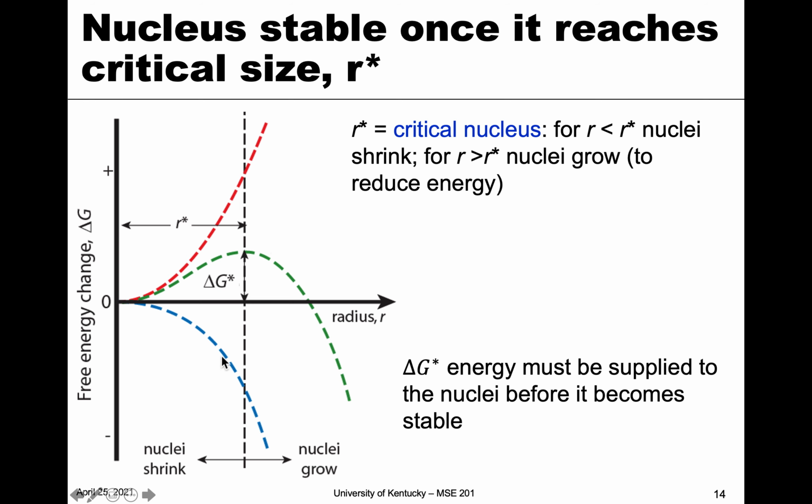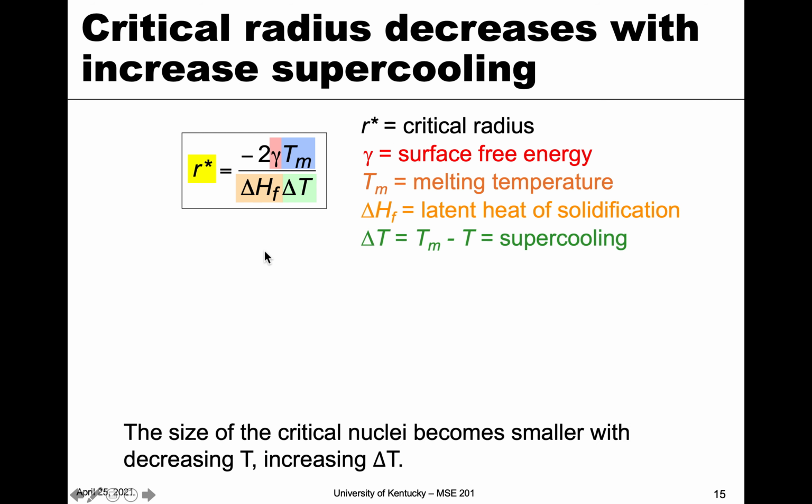And so if we take the terms for volume and surface and add them together, we can actually solve for this maximum and solve for R star by looking for the maximum of this equation.